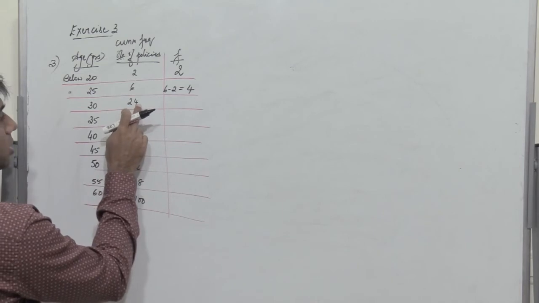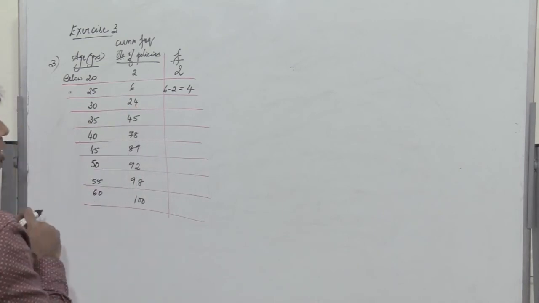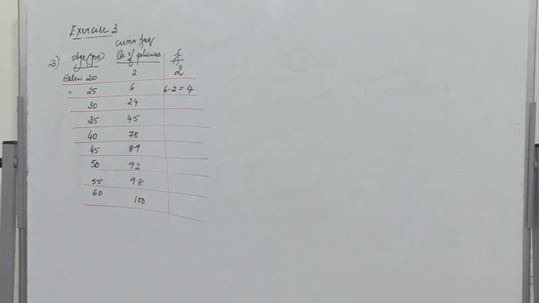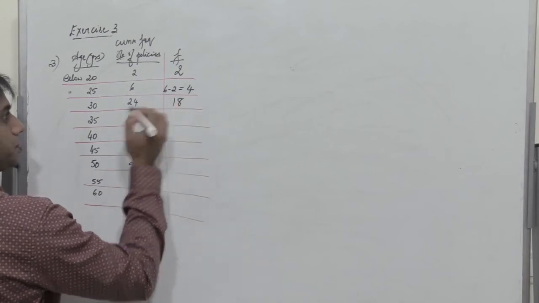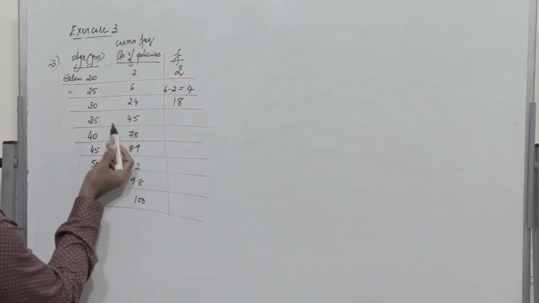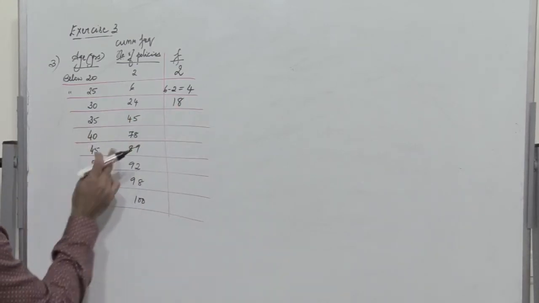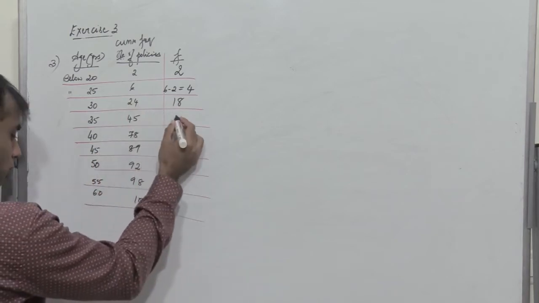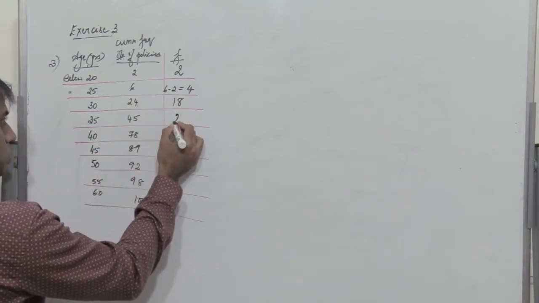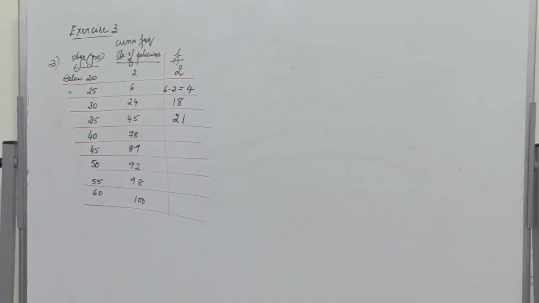I subtract 24, which is the cumulative frequency, minus 6. So 24 minus 6 would give me 18. Next, to find the range between 30 and 35, 45 minus 24 gives me 21.